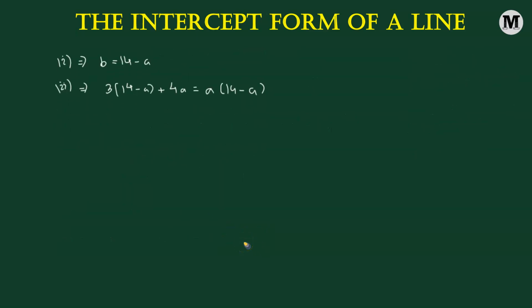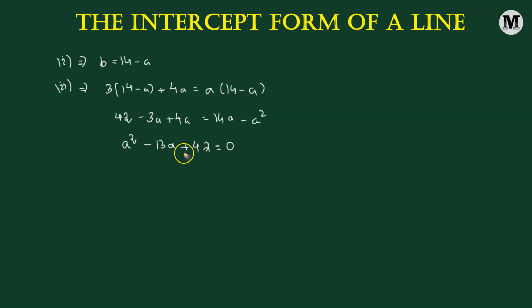Let's simplify it. 3 times 14 is 42, minus 3a plus 4a, equals 14a minus a squared. Now let's rearrange the terms to get a squared minus 13a plus 42 equals 0.